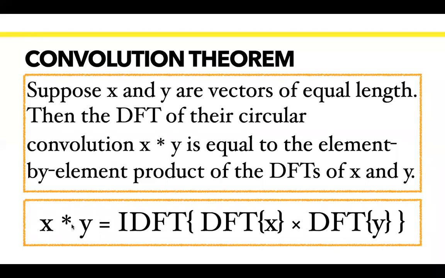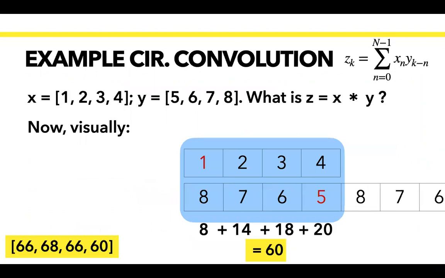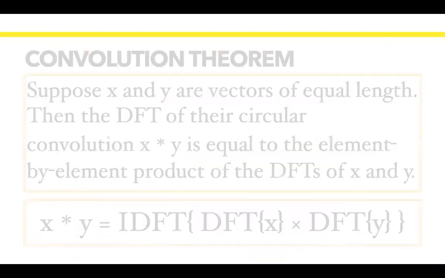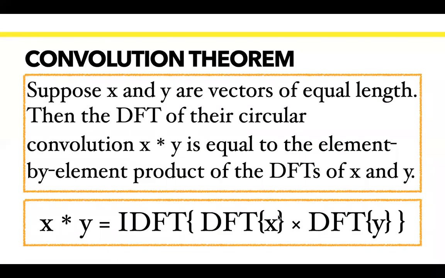So the convolution of x and y, you can get that by doing what we just showed how to do. Or you could take the DFT of x and the DFT of y, multiply them together, and then take the inverse DFT. And that would give you the exact same answer.